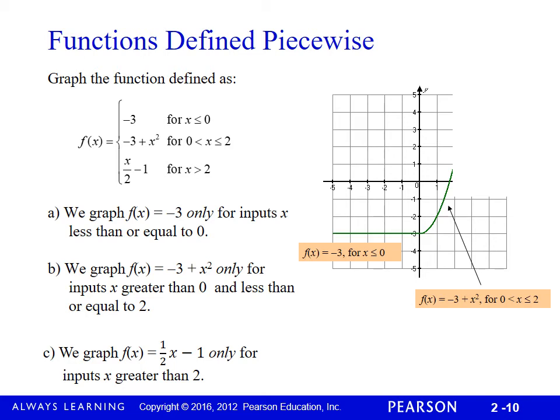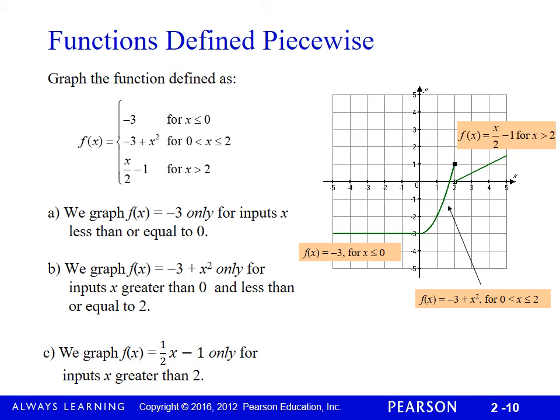And so now the last part of the graph, from x greater than 2, we're going to use that last formula, okay? And this is a straight line. This is a linear equation, 1/2 x minus 1, and you can see here. And this is what I'm talking about. Even though when x equals 2, the graph is really part of the second equation, and you can see it here with this closed-in circle at 2, 1, we still graph the third equation.